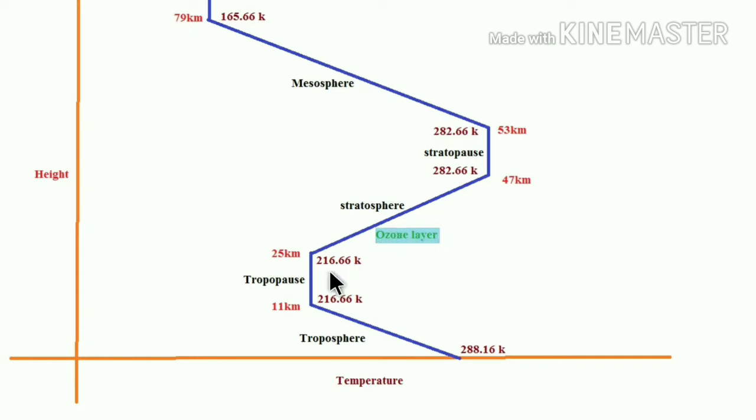The lapse rate here is positive, meaning temperature is again increasing from 25 to 47 kilometers. So temperature increases from 216.16 Kelvin to 288.16 Kelvin. Its lapse rate is around 4.5 Kelvin.